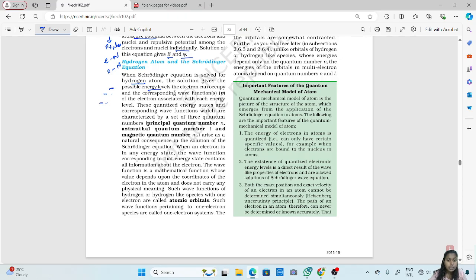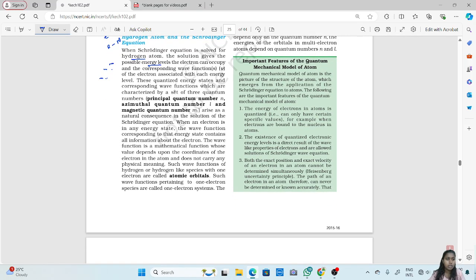These quantized energy states and the corresponding wave functions are characterized by a set of three quantum numbers.